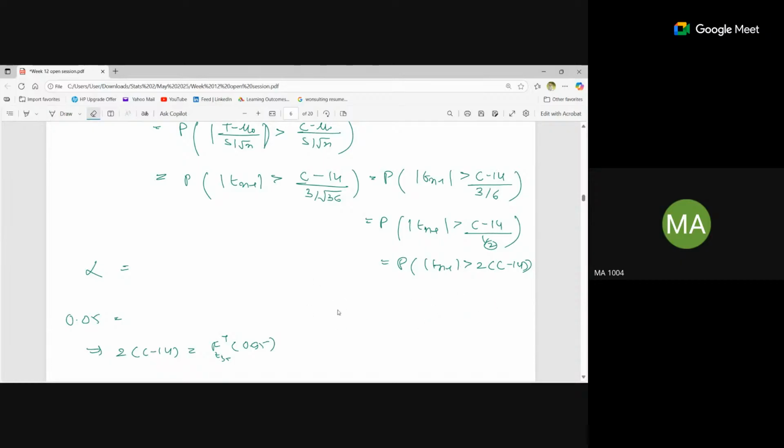So if this is a mod thing, this will be equal to 2 F T n minus 1 minus of 2 into C minus 14, correct? Yes or no? Yes, ma'am. Everyone, is this step clear?